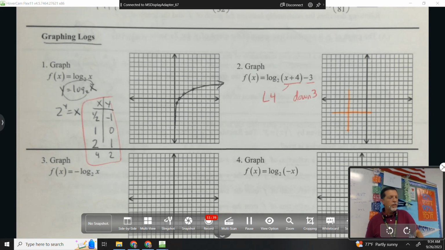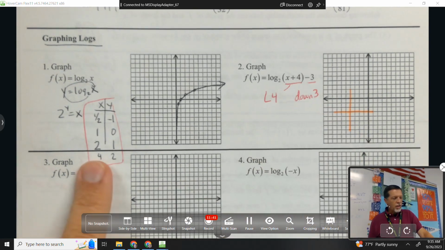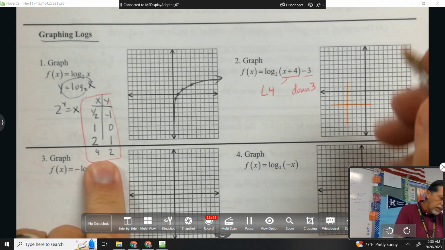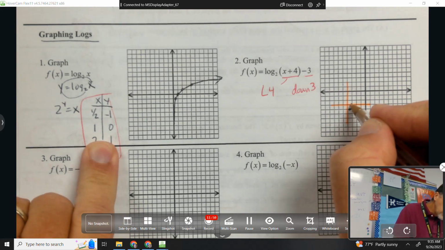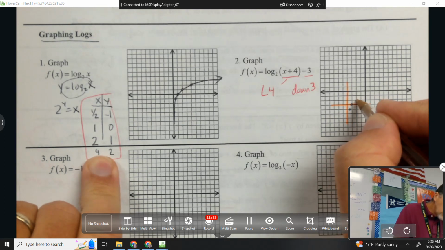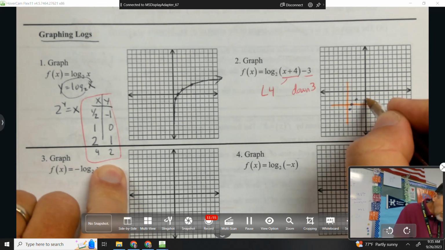My new origin, and then from that new origin, use that set of points that we already came up with. So (1/2, -1), (1, 0), (2, 1), (4, 2) if you want to.